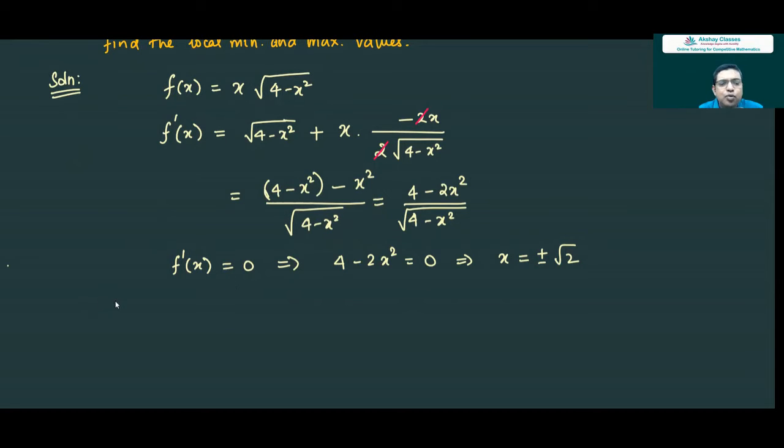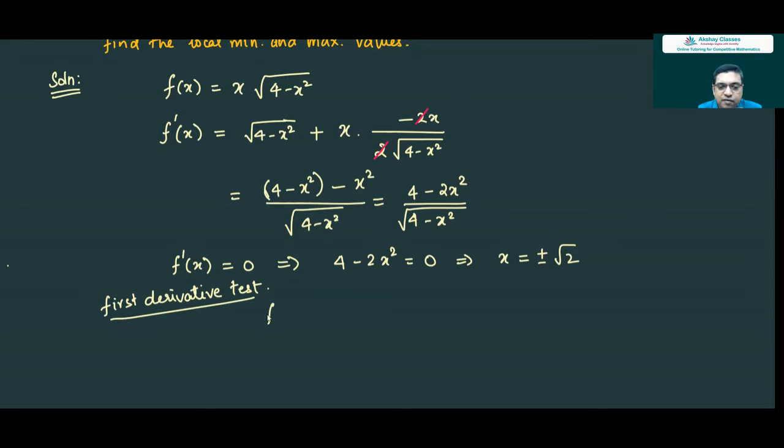Now, I will go by the first derivative test only. In this particular problem, if it was a simple plain polynomial, then the second derivative test is easier. In this particular case, the first derivative test is easier.